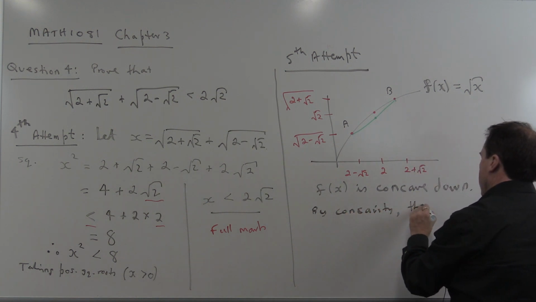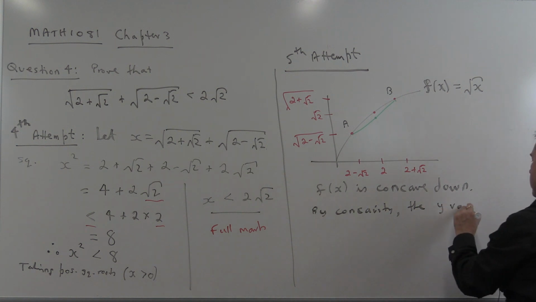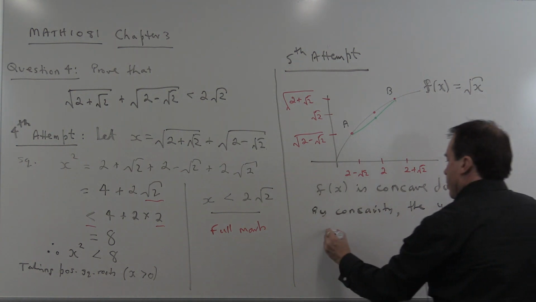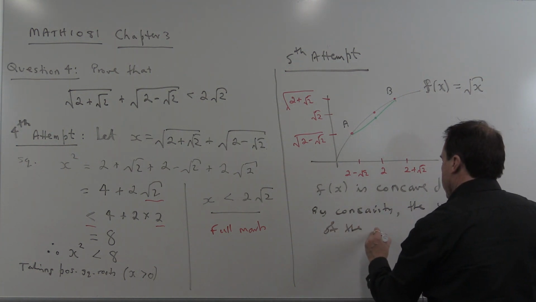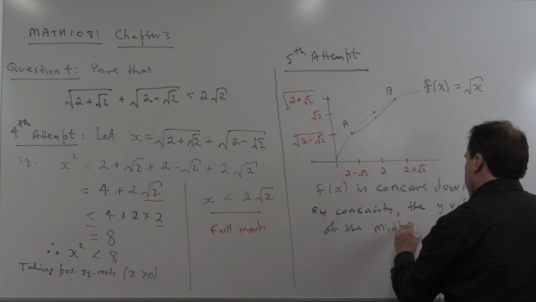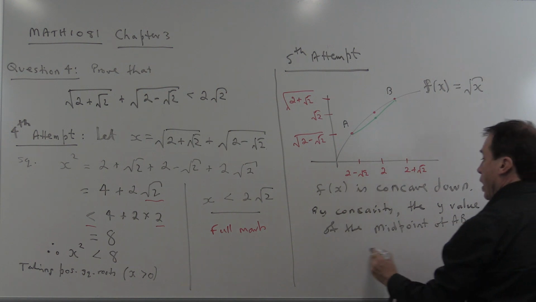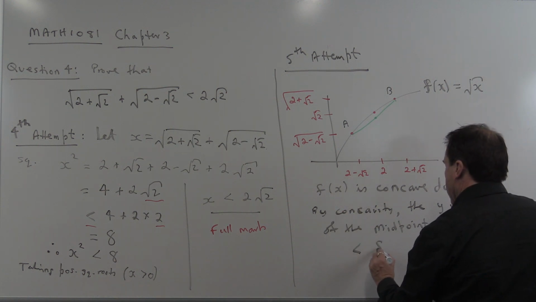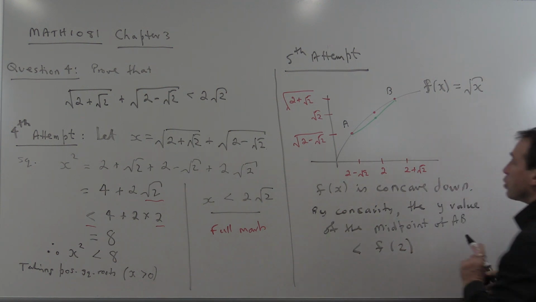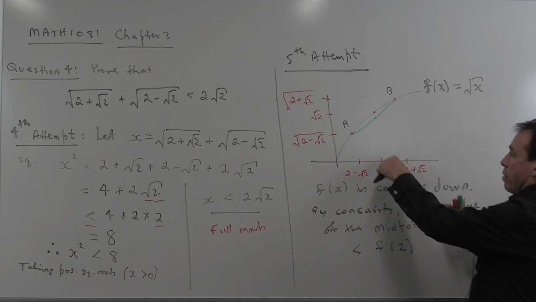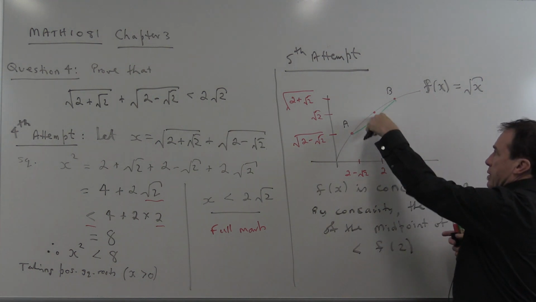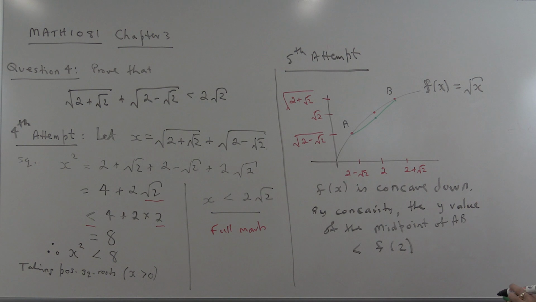Concavity, the y value of the midpoint of AB is going to certainly be less than f of 2. So the y value here is going to be less than the value at 2.